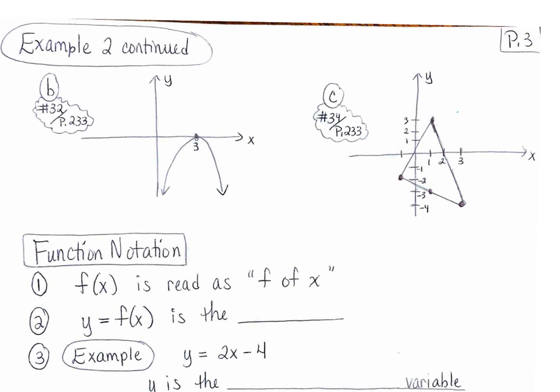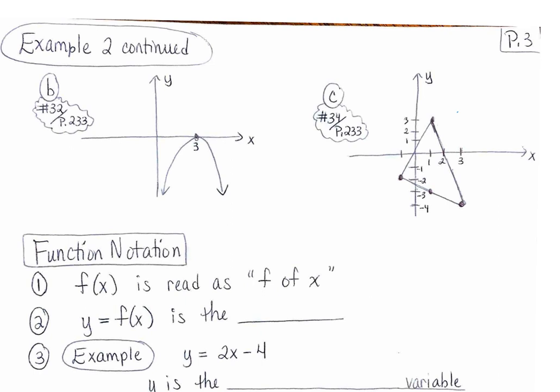Is the relation in B a function? Yes. Yes? Everybody agree? How many say yes? Raise your hand. How many say no? How many don't know? Okay, so majority gets it. This is a function. And nobody raised their hands for no or don't know.